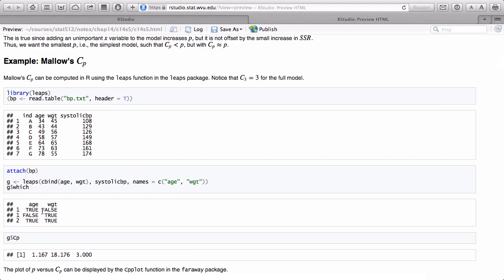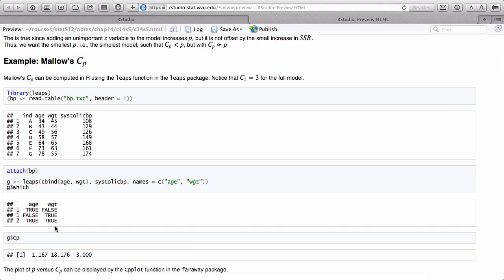And that's a good idea because down here, if I look at the component of G called which, then it's 1, 1, and 2. Now what does this mean? The first one means that age is in the model but not weight: true, false. Then I have another fit that has one term in the model, and that first number is telling you how many terms are in the model. So the next one says there's one term in the model, false, true. That means weight is in there, not age. And then two terms in the model, true, true, meaning both age and weight.